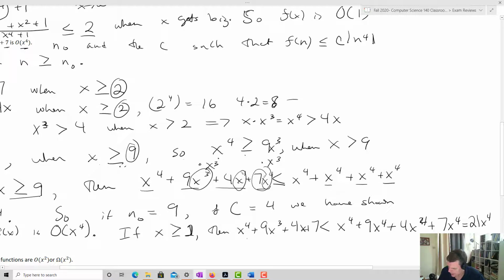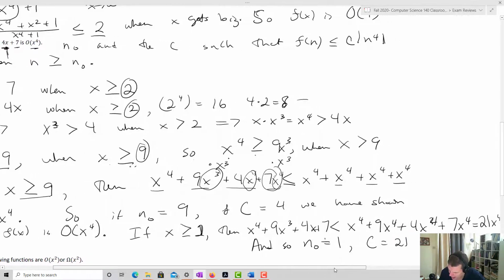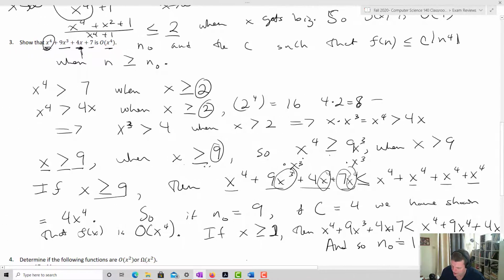And so n naught equals 1, that's the number that we need, and my c is equal to 21. So those are the two different choices that we have for determining our n naught and our c.